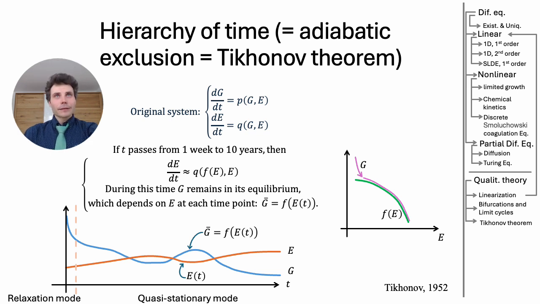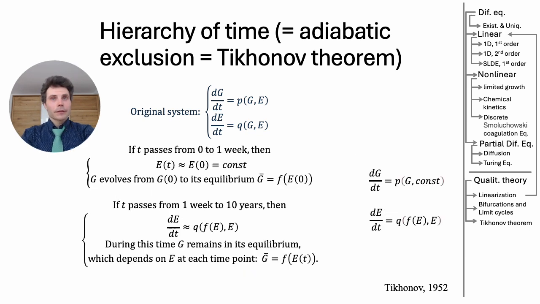And finally, as a summary, here is the same thing written in letters. If time passes from 0 to 1 week, then we can assume the population of the elephants constant. G evolves from G0 to its equilibrium G bar equals f of E of 0.